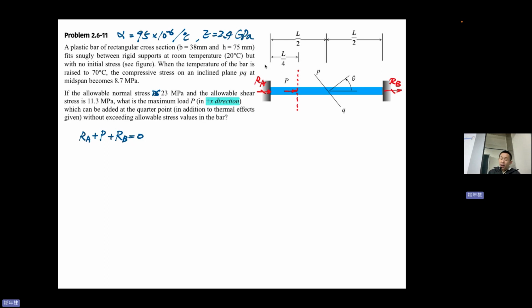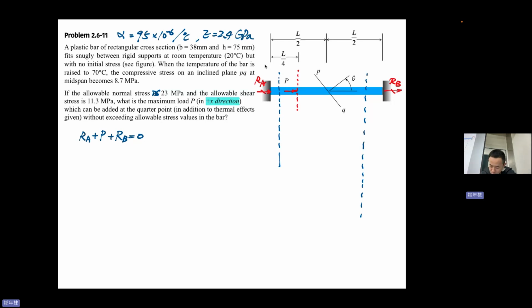How about the compatibility equation? There are three types of deformation we need to determine: the first section, the second section, and the thermal deformation.